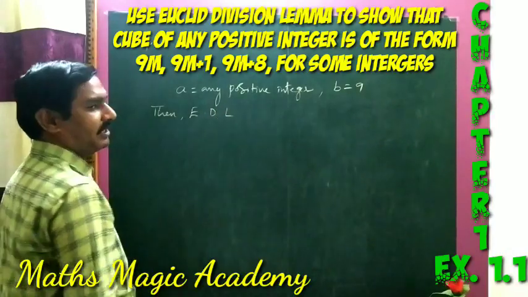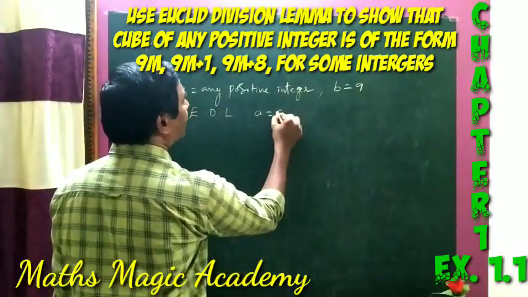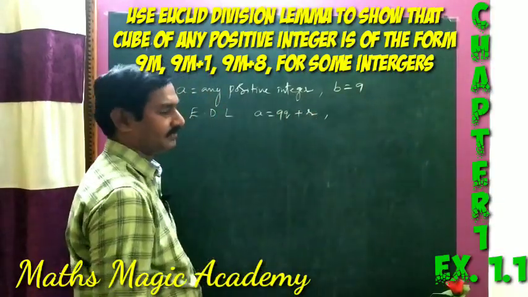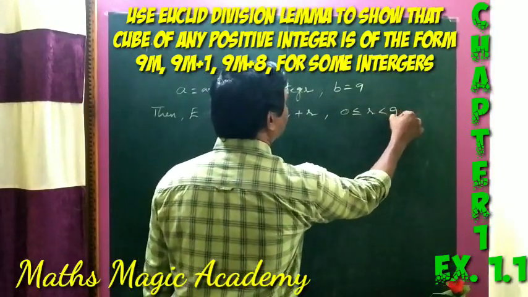Euclid's division lemma will say that a equals 9q plus r, where 0 ≤ r < 9.